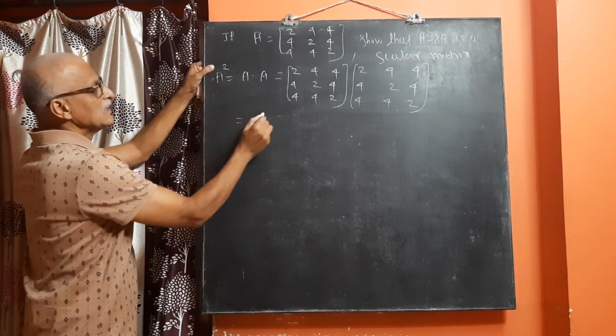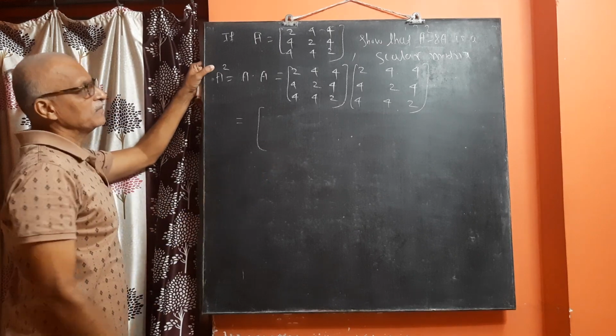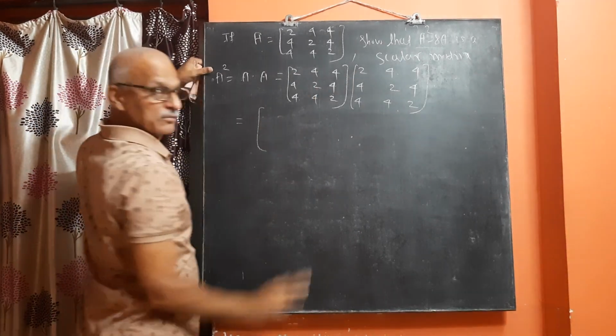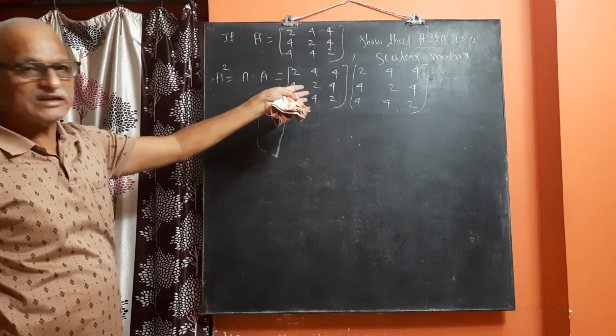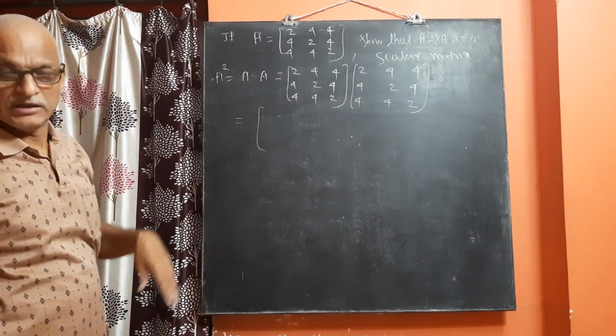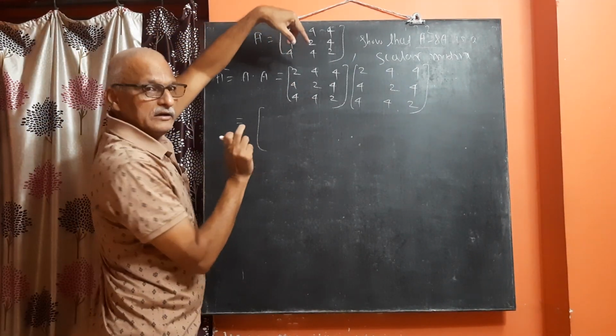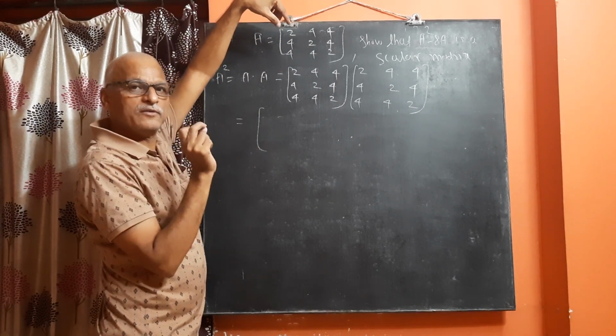This is equal to the matrix of, say, first row into first column. A lot of the elements are the same, so multiply very carefully.